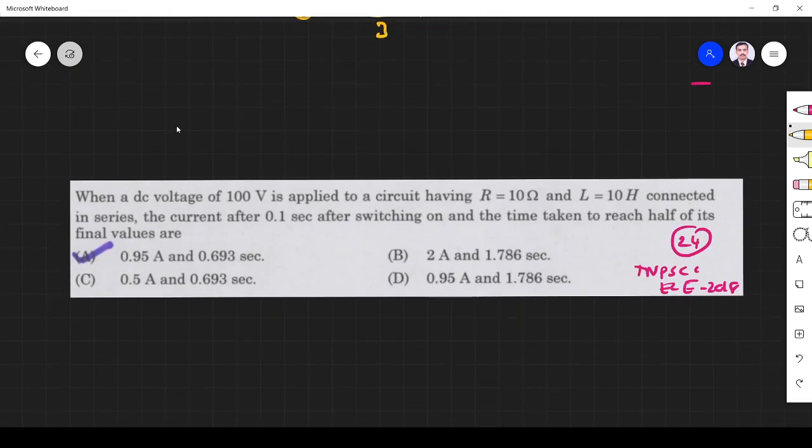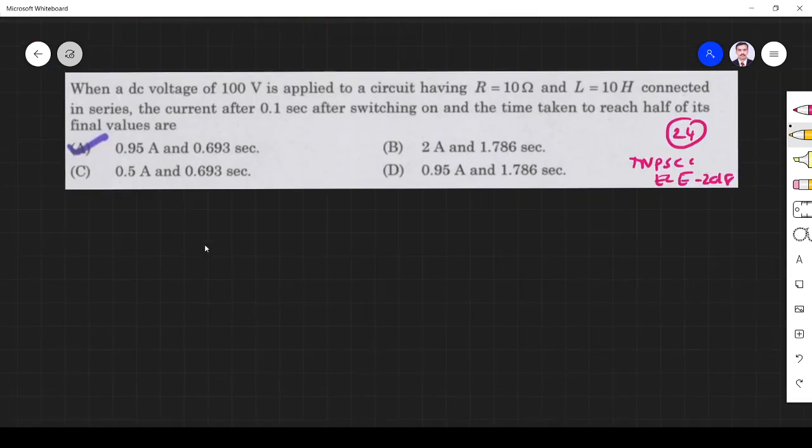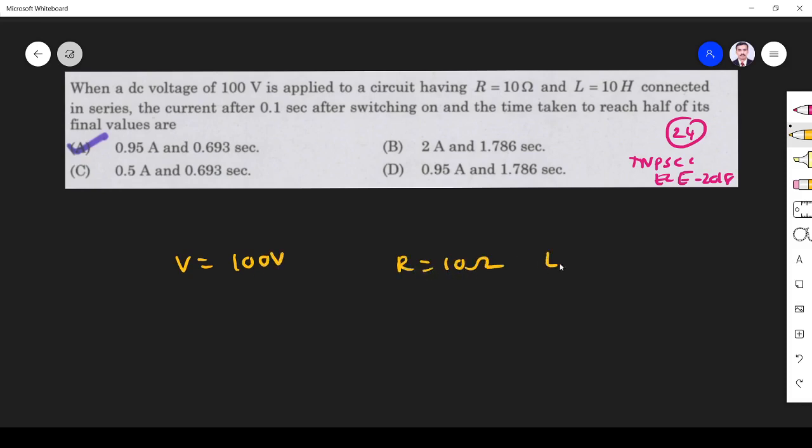Next one. When a DC voltage of 100 volt is applied to a circuit having R 10 ohm and L 10 henry connected in series, find the current 0.1 second after switching on and the time taken to reach half of its final value. For an RL circuit, i(t) is equal to V by R into (1 minus e power minus R by L into t).